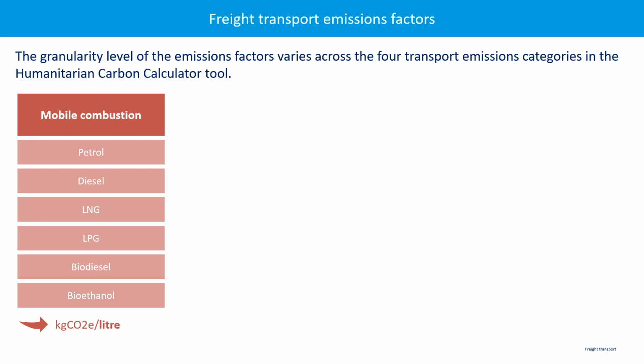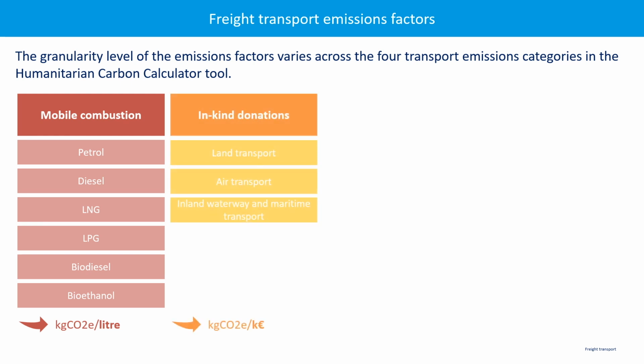So for mobile combustion, the emissions factors are expressed in volumes of CO2 equivalent per volumes of fuel consumed. You would just need to collect the volumes of fuel consumed for each type of fuel separately by the vehicles owned by your organization. So for example, how much petrol was consumed over the reporting period, or how much diesel was consumed.